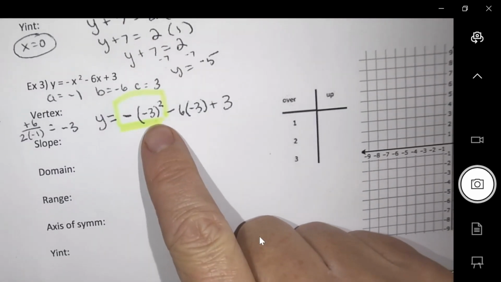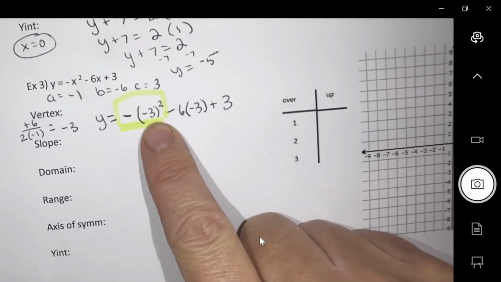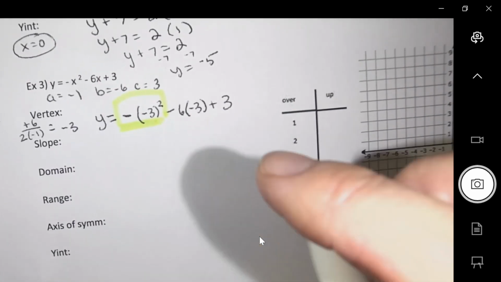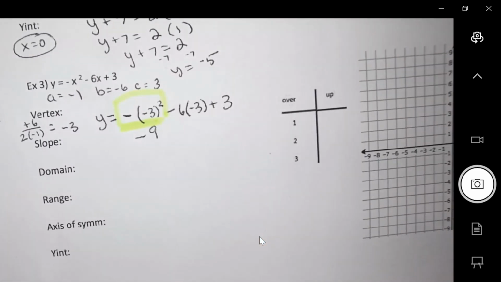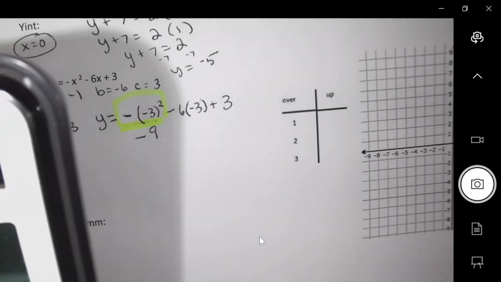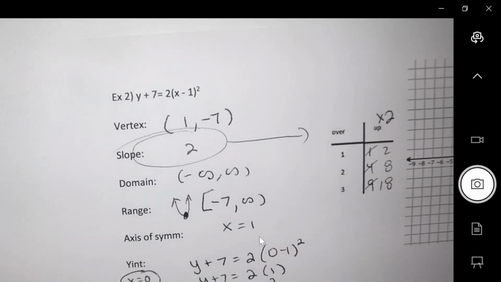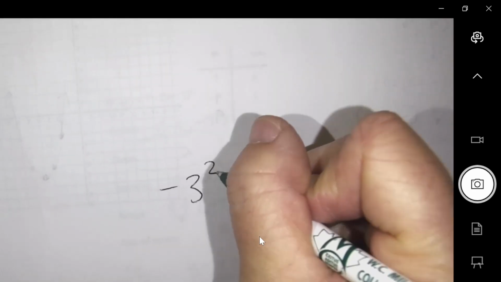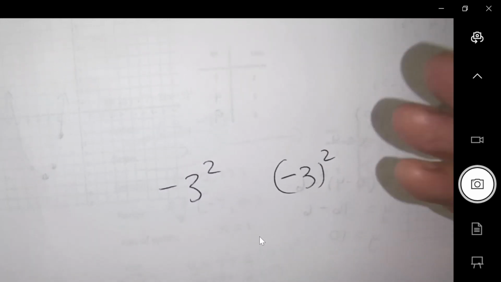Okay, so what does that come out to be? So square it, and then timesing it would end up negative 9 there, for the vertex. Do you understand the difference between me doing something like this? Did you learn this in grade 10?